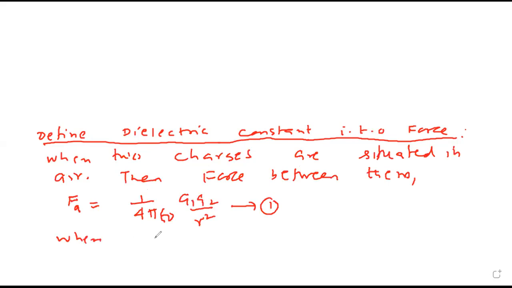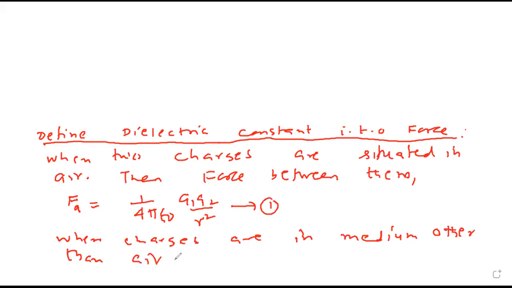When charges are in a medium other than air, then force between charges in medium becomes 1 upon 4 pi epsilon Q1 Q2 upon R square, equation 2.